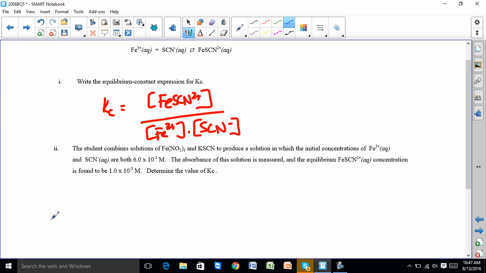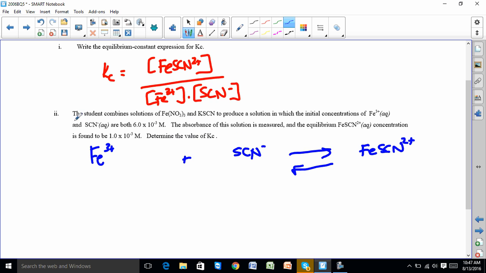Here's the equation. Let me write the equation and tell you what an idiot I was. So I'm going to really space this out. This is very much like your lab. I think I was treating this like a titration problem. So here is my ICE chart.